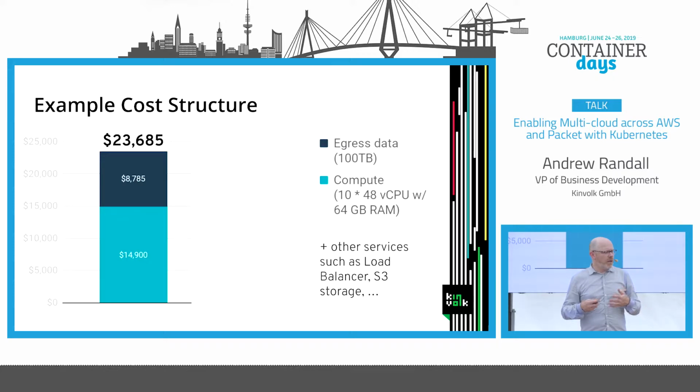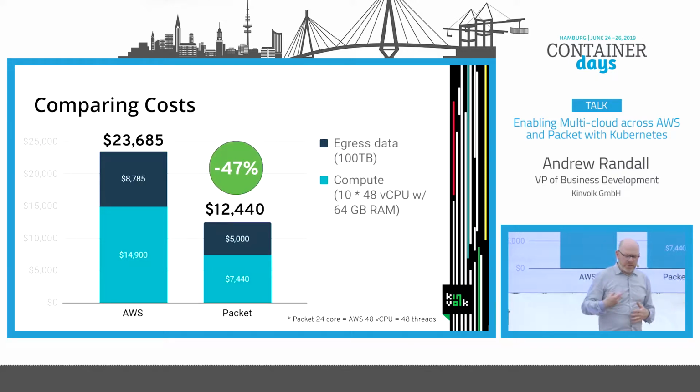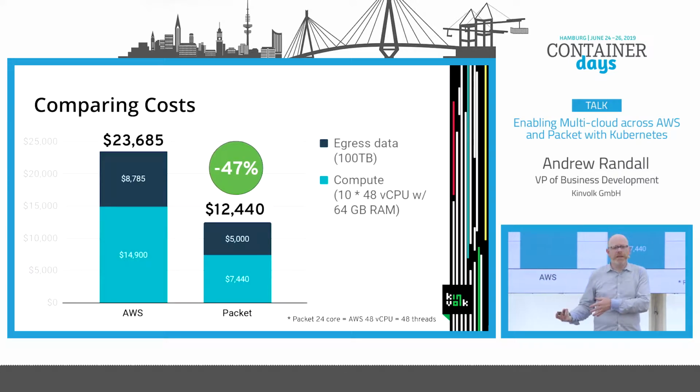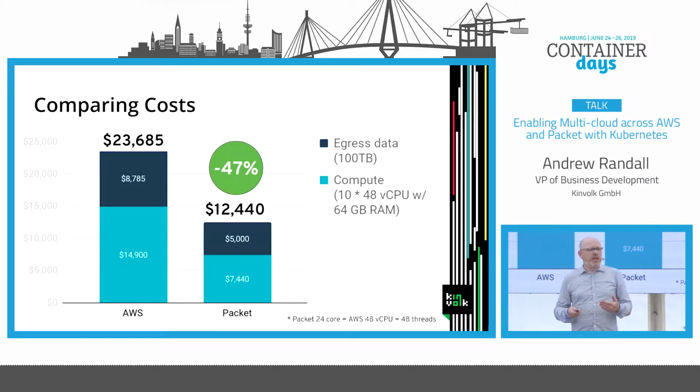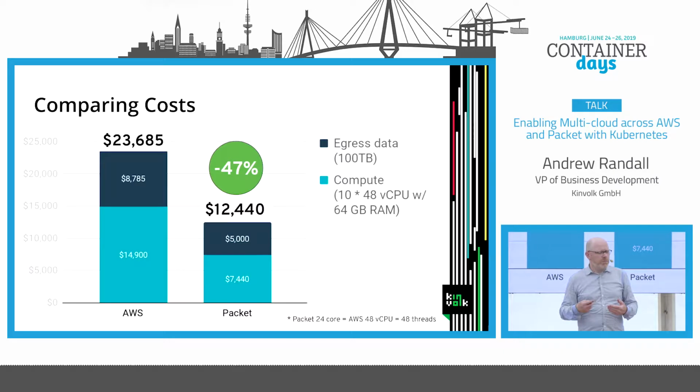So, pretty significant chunk. That dark blue piece is spent on just the egress data. And they've been doing their homework, and they realize that even with discounted prices from AWS, by moving into a hosted bare metal environment with, in this case, Packet, they were pretty much getting half of the pricing that they would be paying on AWS.